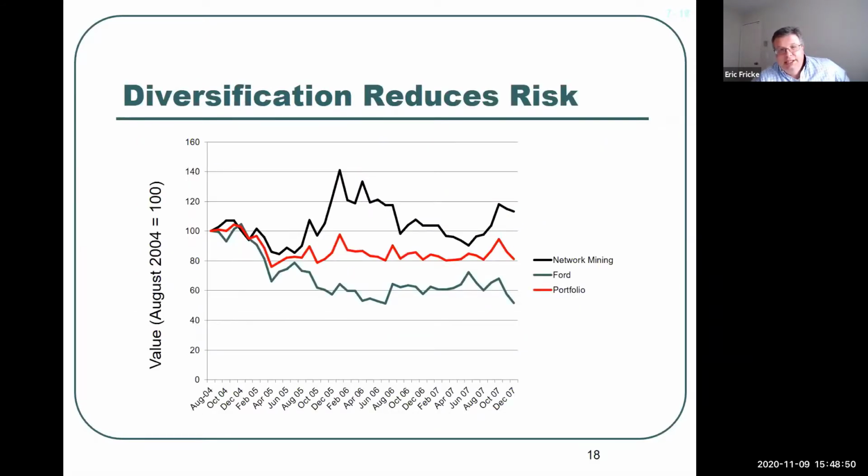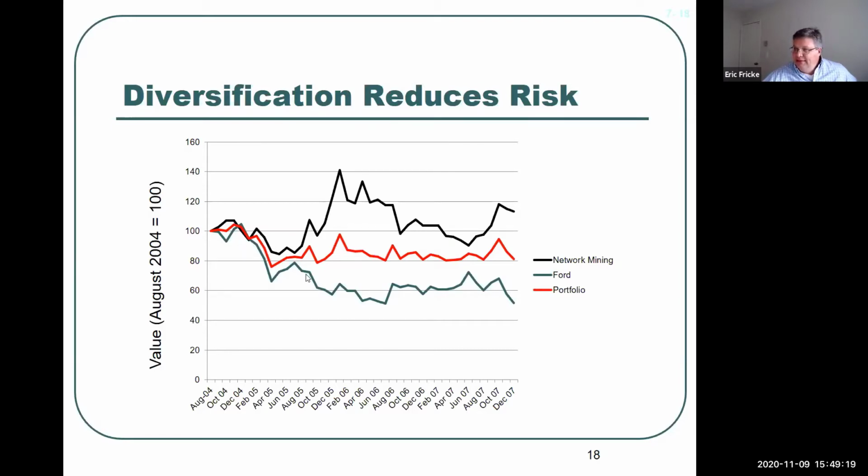This slide shows you what happens when you take 2 stocks and form a portfolio with them. And then it shows you how the value of that portfolio changes over time with respect to the 2 individual stocks in your portfolio. So the top black line in this slide, think of that as stock 1, and that's called Network Mining Company.